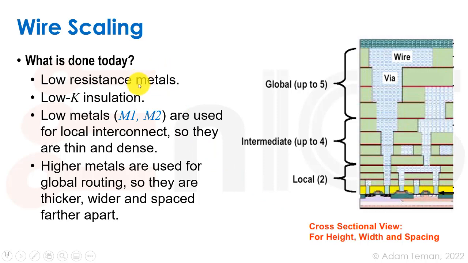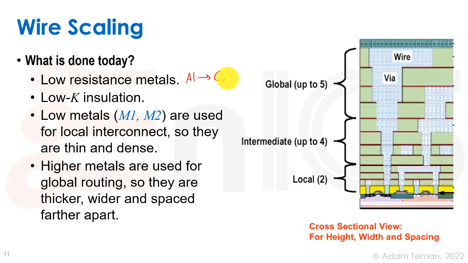So first of all, low resistance materials. As we remember, we used to use aluminum, which was a really good material for creating interconnects in a VLSI process. But for years and years, we worked to change it to copper, which has a much lower resistance, and it's much better for electromigration and so forth. The problem is that at scaled technologies nowadays, sometimes the actual resistance of the copper is not as good as we wanted, because we have to have all these barrier layers that make sure that it doesn't diffuse into the interlayer dielectrics around it.